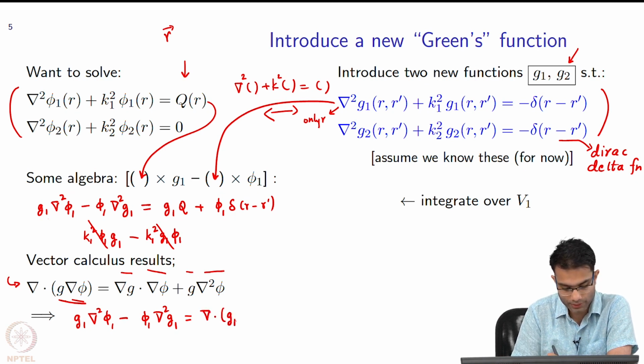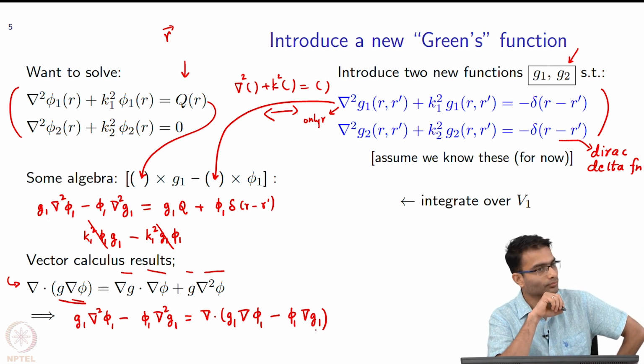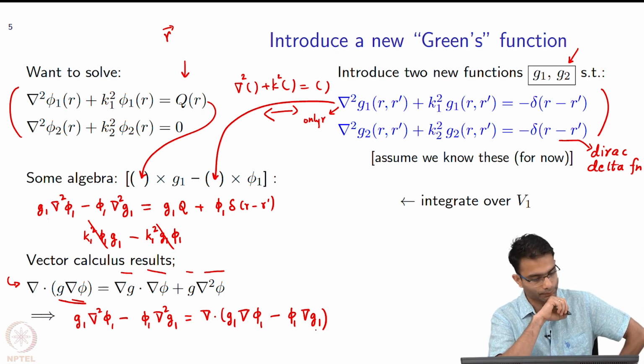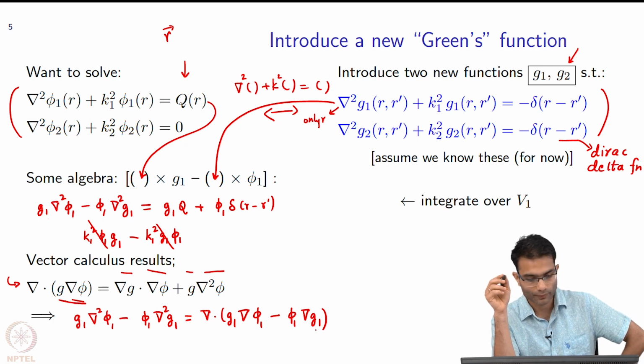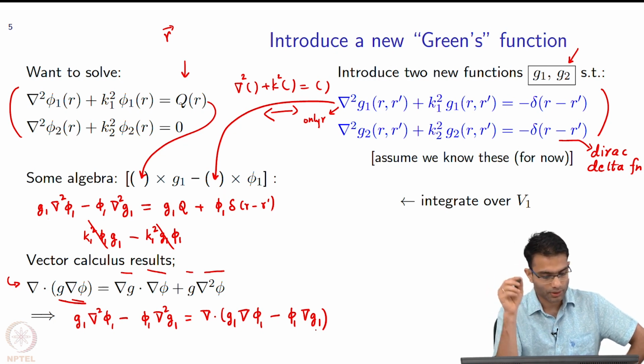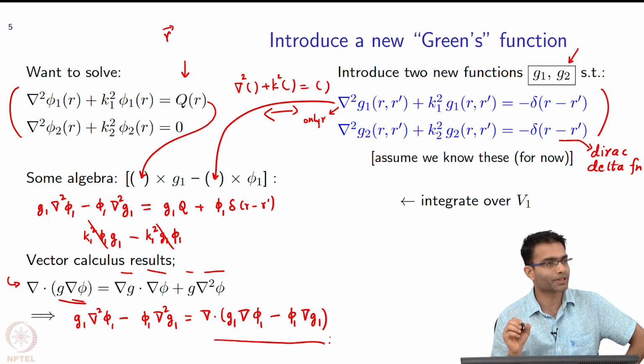Del dot g1 grad phi 1, correct, because again del g dot del phi will come both times, it cancels off. Okay. All right. So this is one manipulation that we did. So we will keep this result with us, we will hold it in memory.